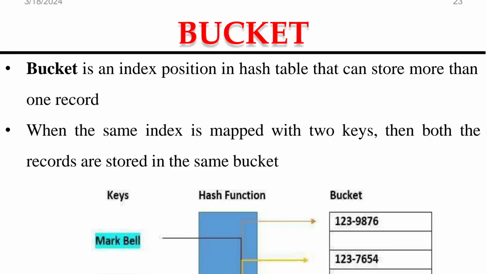Now the next definition is bucket. A bucket is an index position in a hash table that can store more than one record. In your hash table, we have some size, and with the help of that size of index we put the elements into the hash table.